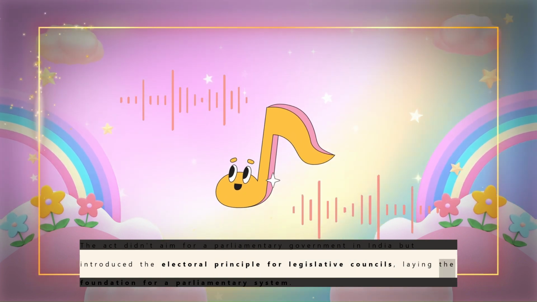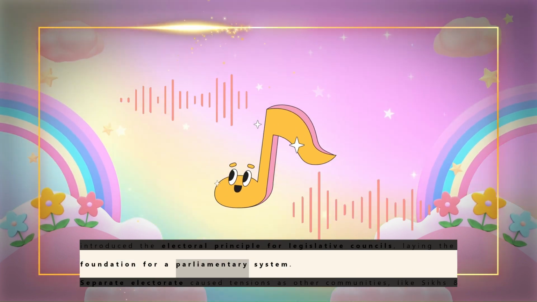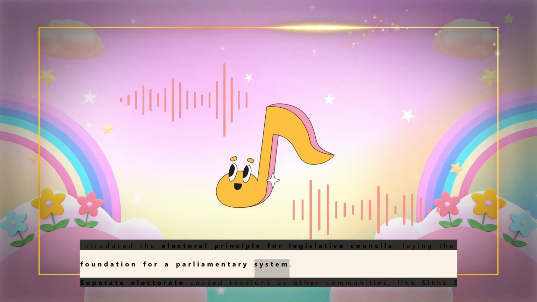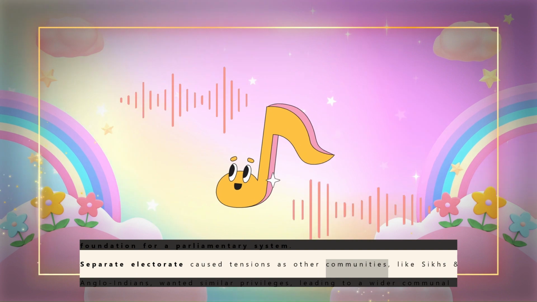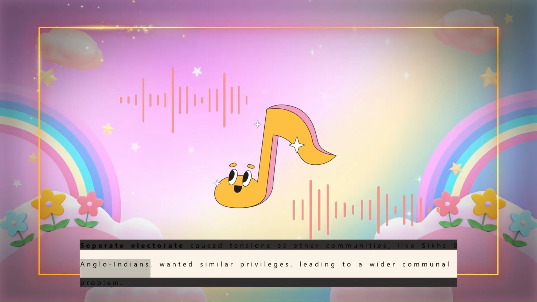The Act didn't aim for a parliamentary government in India but introduced the electoral principle for legislative councils, laying the foundation for a parliamentary system.